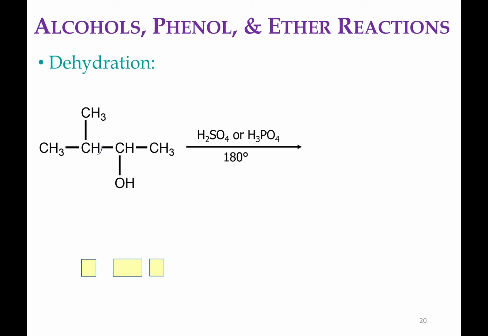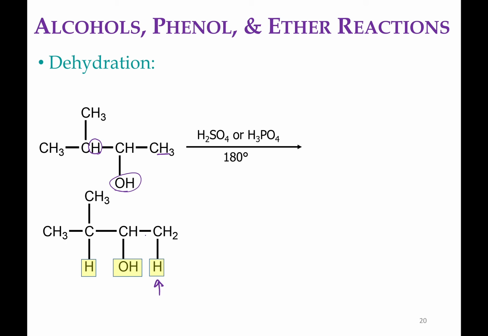So I can either take this hydrogen or I can take one of these hydrogens here and the OH. That's how I'm going to get water. I need 2 hydrogens and an oxygen. So if I take this hydrogen, I'm going to get one product because the double bond will form here. If I take this hydrogen, I will get a different product because the double bond will form here.